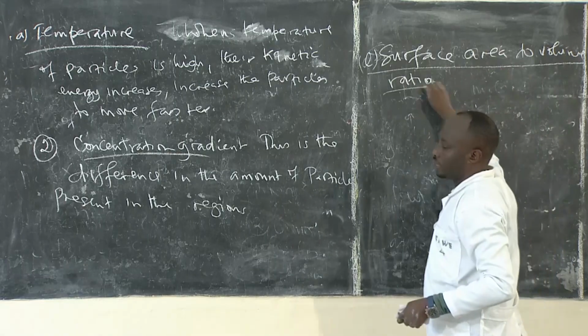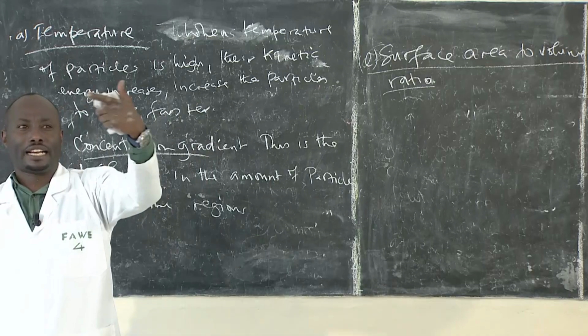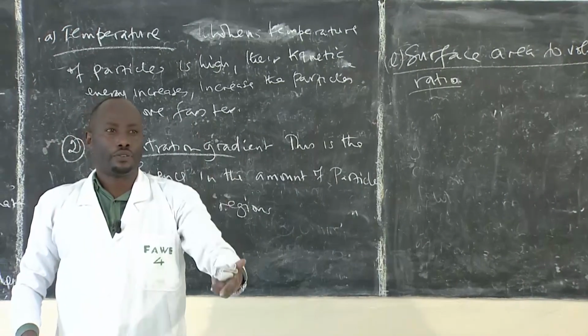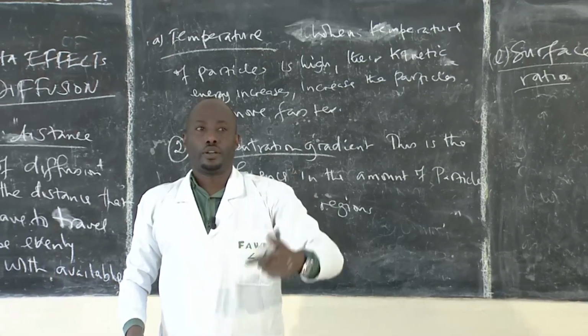It means that the larger the surface area, the faster the rate of diffusion. The smaller the surface area, the slower the rate of diffusion.